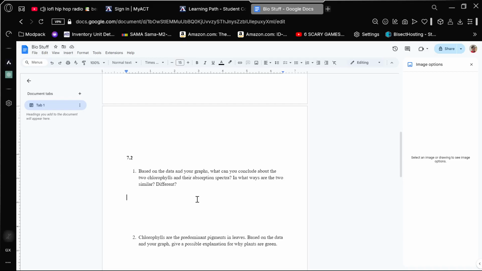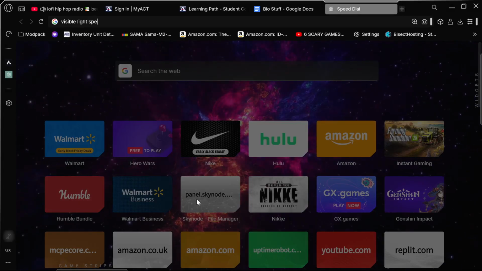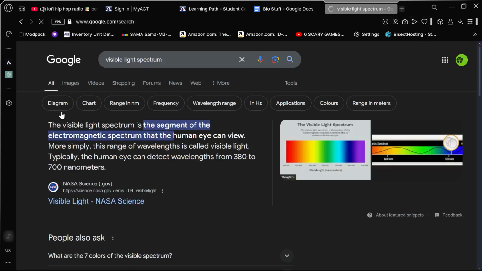7.2 asks, based on the data and your graphs, what can you conclude about the two chlorophylls and their absorption spectra? Oh, and I also forgot, we were supposed to look up visible light spectrums.